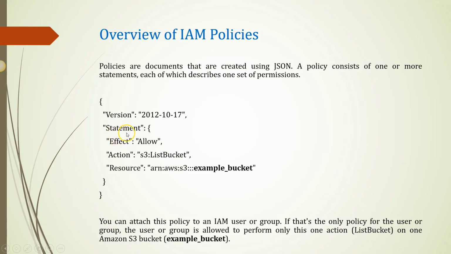Each statement has effect, action and resource. And if you want to put conditions, that is optional, you can put the condition also. For this statement we have effect as allow, action as s3:ListBucket, and resource is the S3 ARN. So this action applies to this bucket.